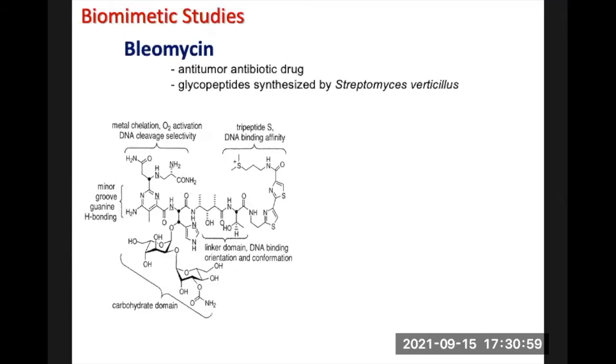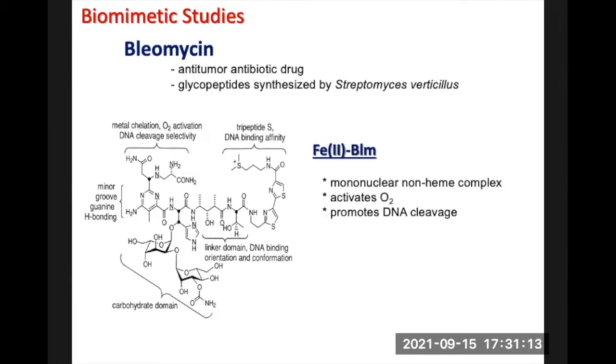As an example, let me talk about bleomycin, particularly the iron 2 bleomycin complex, which is known to be a mononuclear non-heme complex that activates oxygen and promotes DNA cleavage.